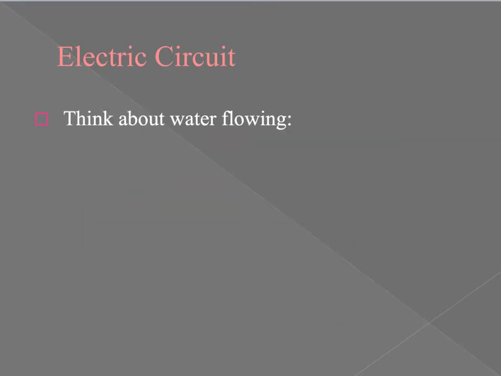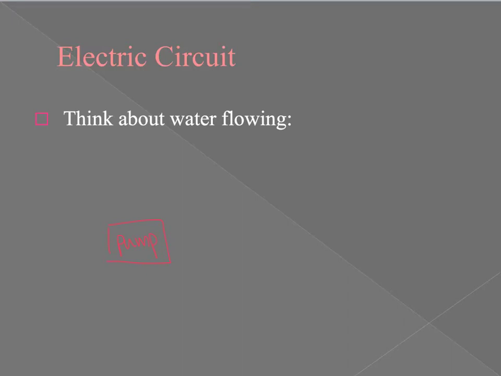But I want to help you understand why it needs to be a complete circle in order for it to be a circuit, and so that example is like thinking about water flowing. Imagine now that we're using water, and we're going to have a pump. So I'm just going to make this box. This is a pump, and it pumps water, so it moves it around. I'm going to use blue now for the water.